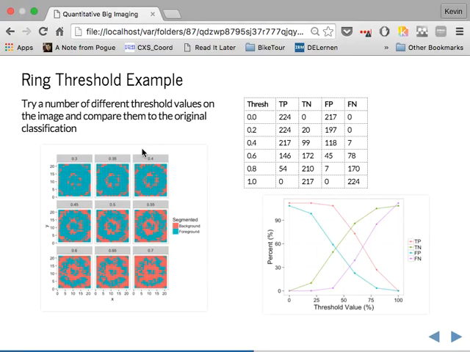And so here we see at 0, everything's true positive. So we have a huge number of true positives and a huge number of false positives, because we basically say everything's inside of the ring. And as we start to increase this value, the false positive rate goes down, and the true positive rate goes down a little bit afterwards.